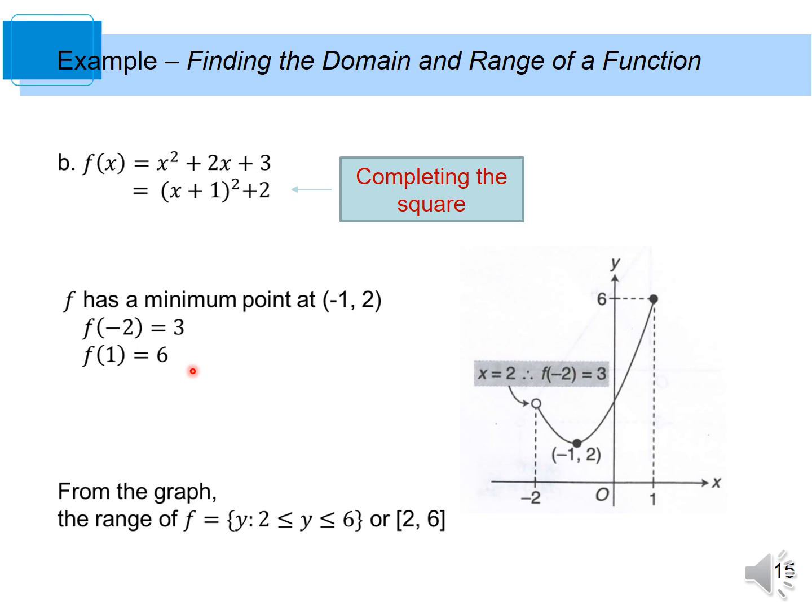Based on this graph, if you say 3, this is -2, your output is 3. If you conclude your answer is from 3 to 6, this is wrong. The range is supposed to start from this point, 2. And why do we include the 2? Because the minimum point is on the curve, so we include 2.